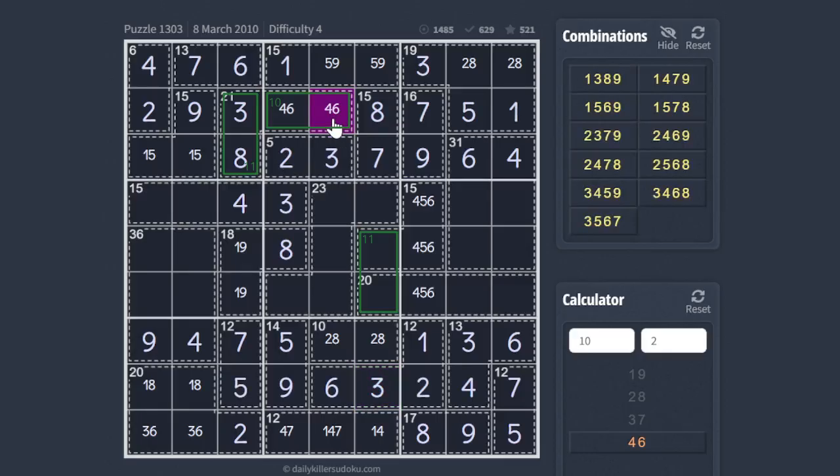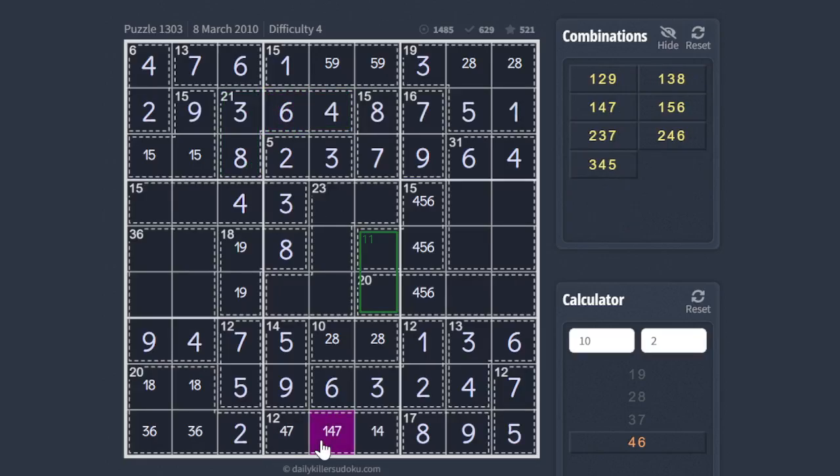This is a 4, and this is a 6. We can eliminate the 4 from here. The dreaded triple, double. Easy to resolve once we get there, but right now it's not helping us.